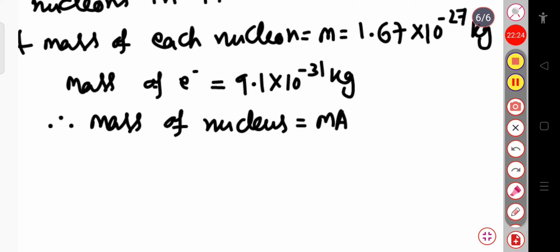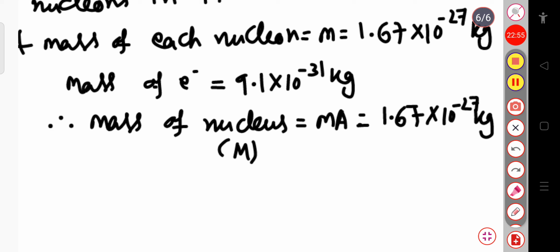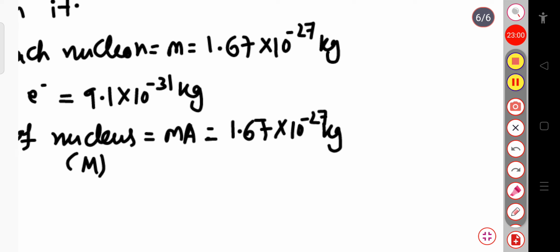If I denote this as capital M, or Mn, or Ma, in some books it may be written as capital M. That is simply the total mass of the nucleus, equal to 1.67 into 10 power minus 27 kg into A. This is because the mass of each nucleon is 1.67 into 10 power minus 27 kg, and you have to multiply this by A.